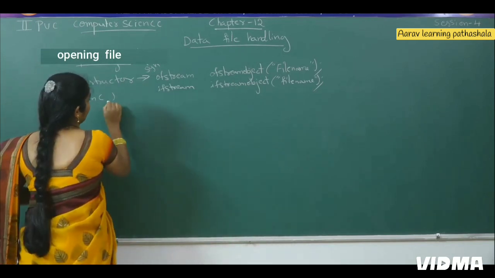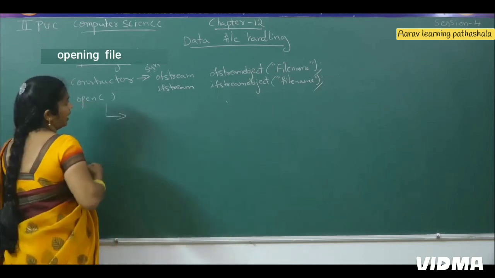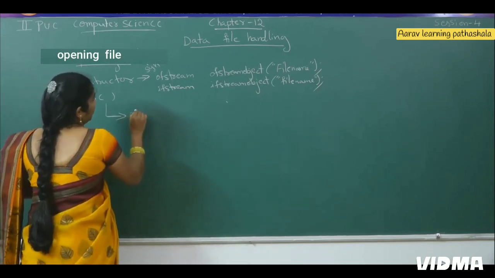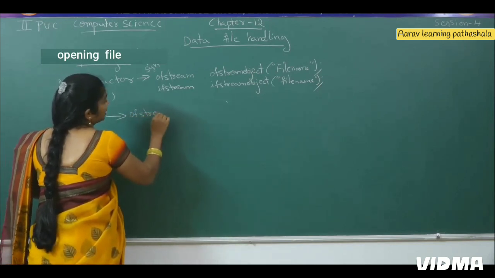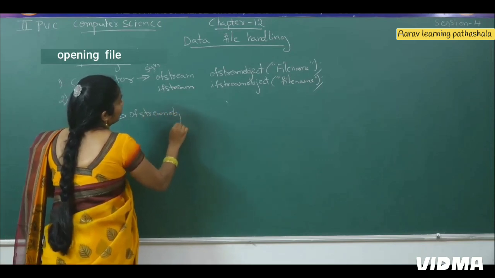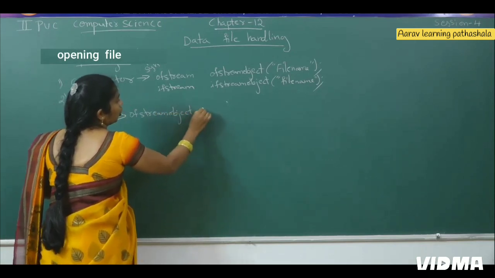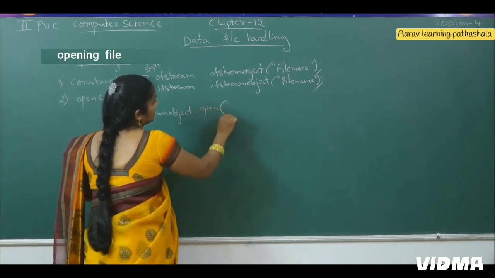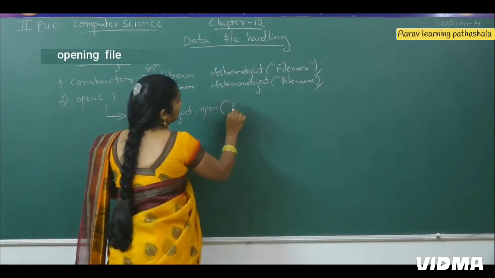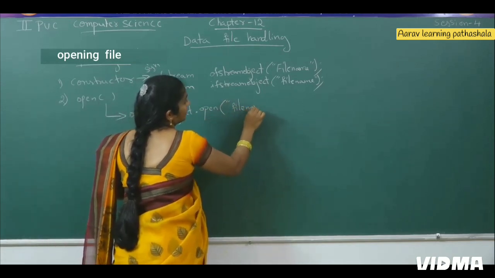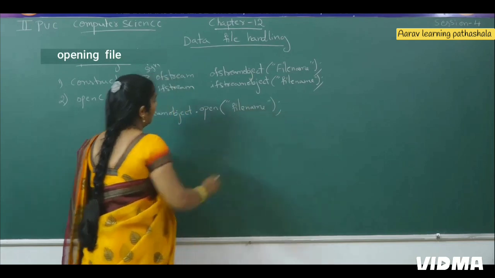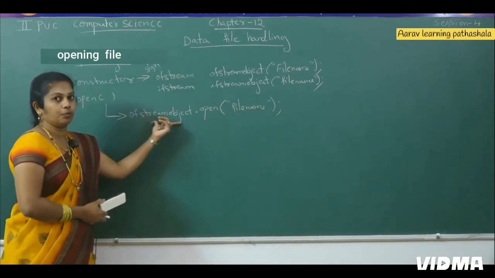Then in the second one, I have to write the ofstream object dot open, and inside the brackets you have to write the file name. Here we are opening the file for output purpose.